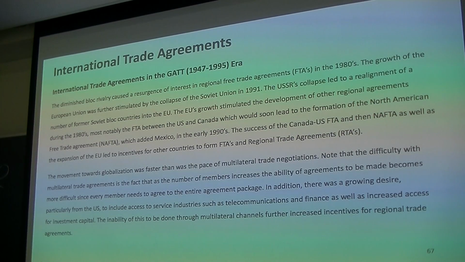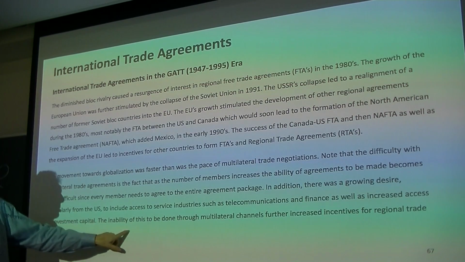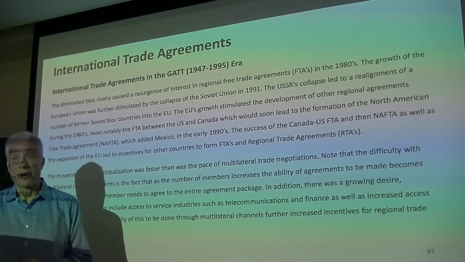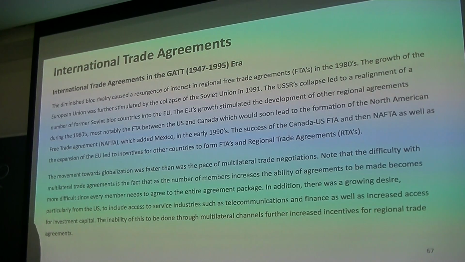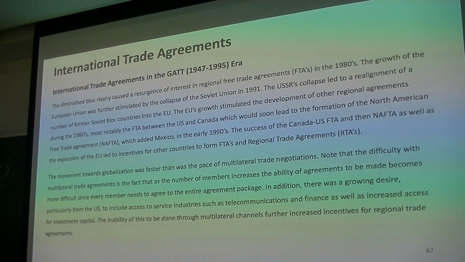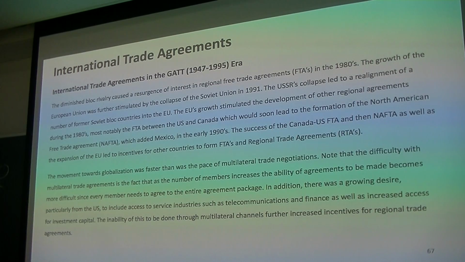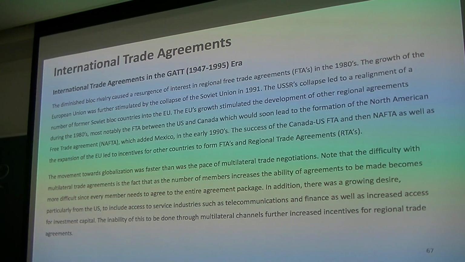There was a desire for more flow of capital. And the problem was that this just could not be done through multilateral channels. Multilateral channels were too cumbersome, and so this provided increased incentives for regional trade agreements.